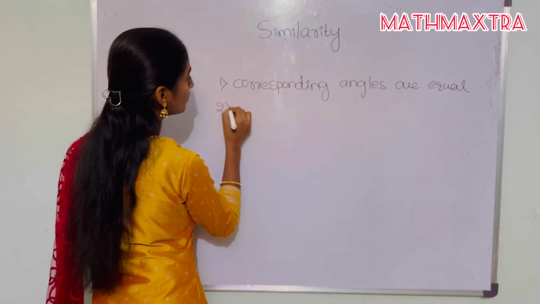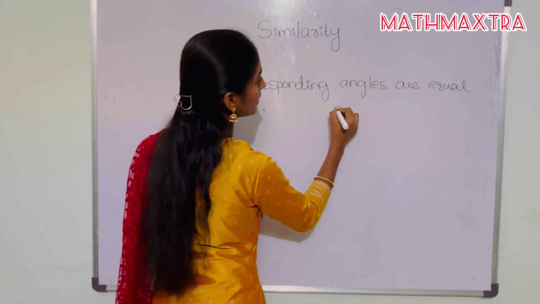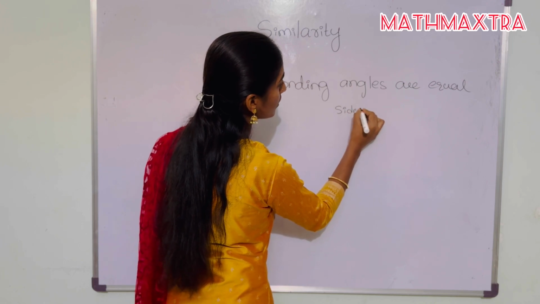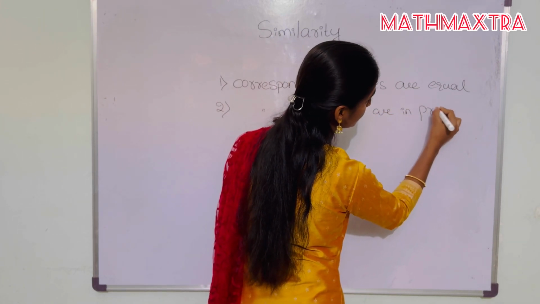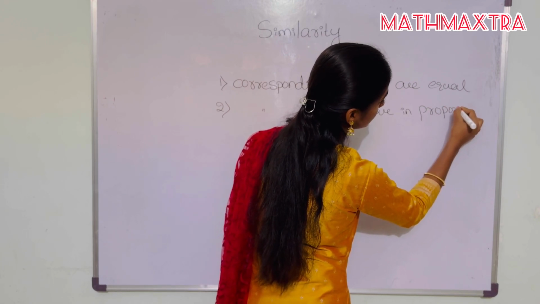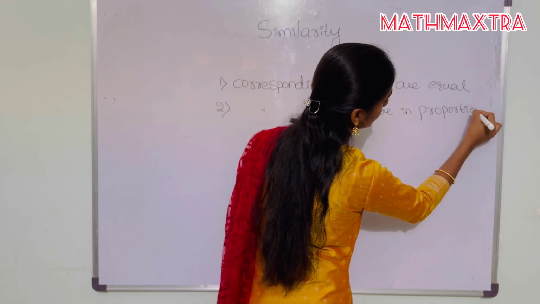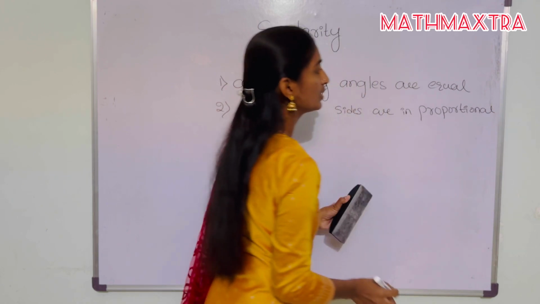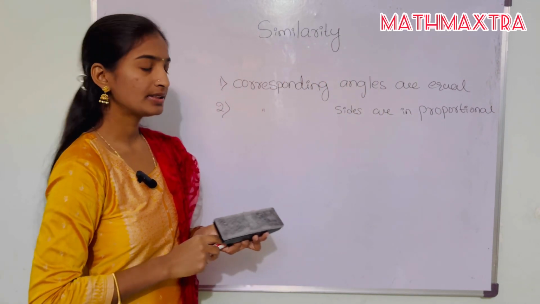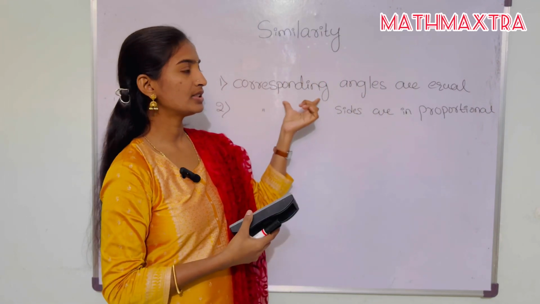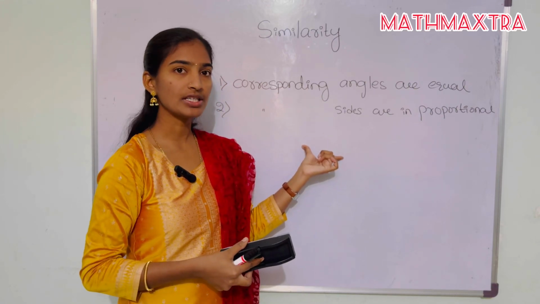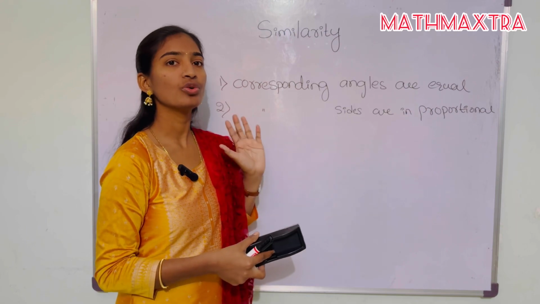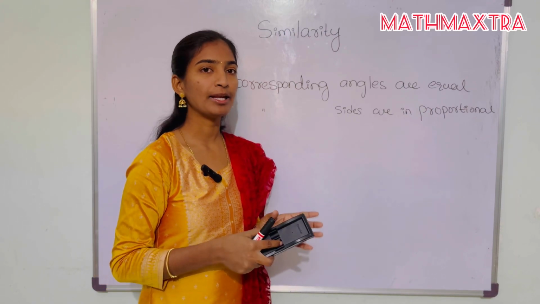And the second one is corresponding sides are proportional. Yes. So if you take any two polygons, if these two conditions are satisfied, then we can say those two polygons are similar.